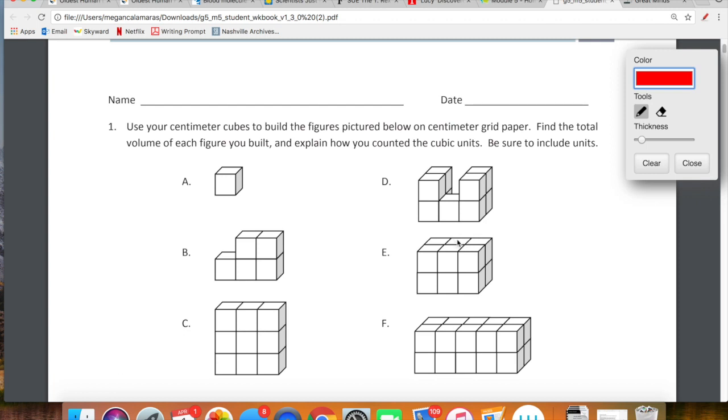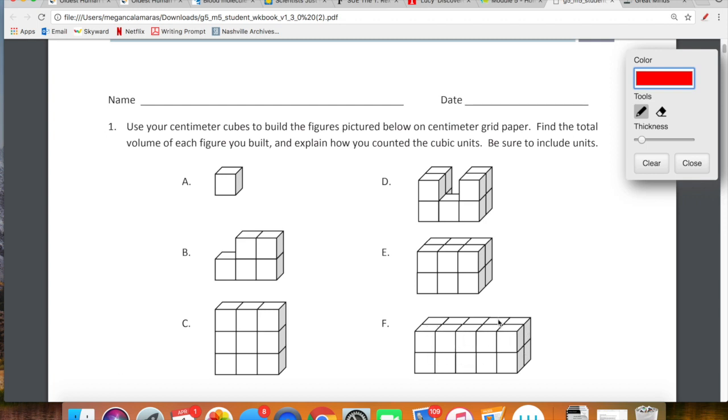When you see a figure like this, you must apply the laws of gravity. I know you already understand how gravity works: in order for this block to be there, it has to be resting on a block beneath it. I know that seems obvious, but it can be confusing with larger and larger figures.